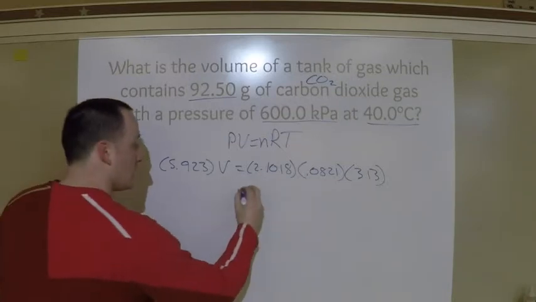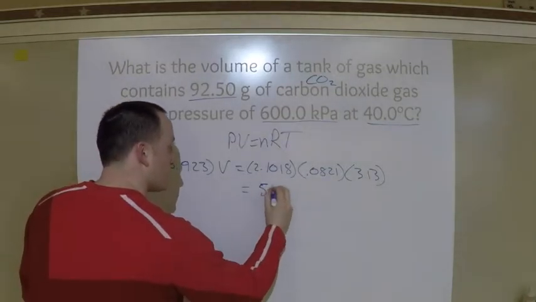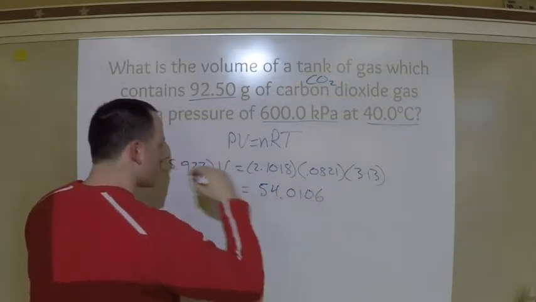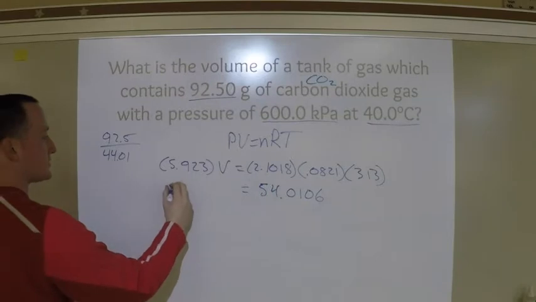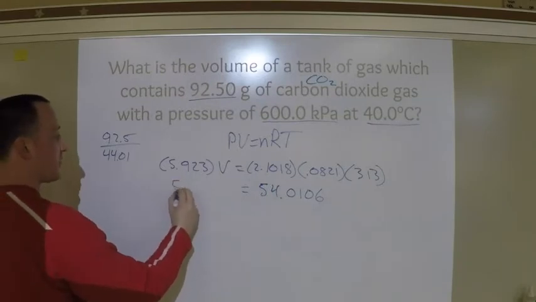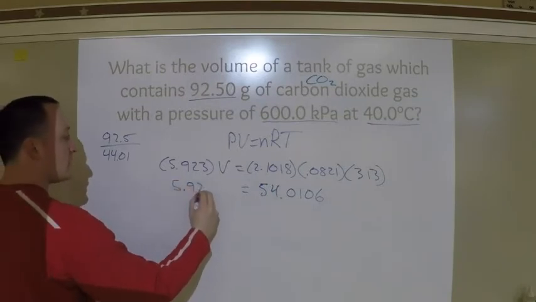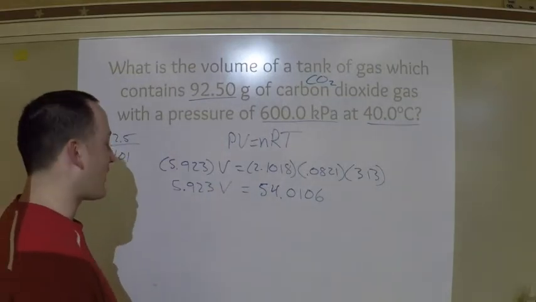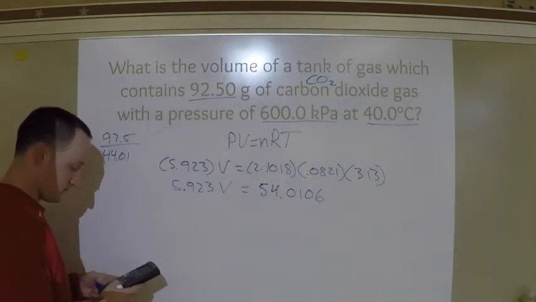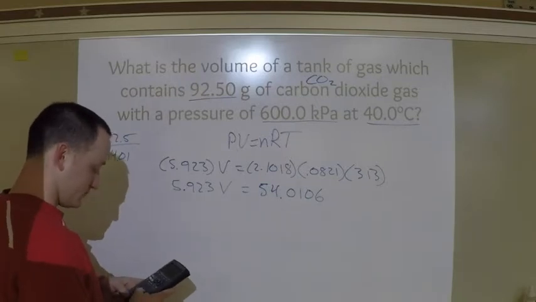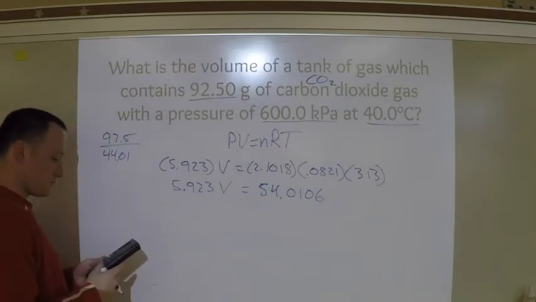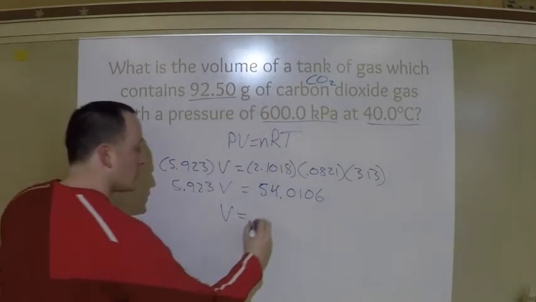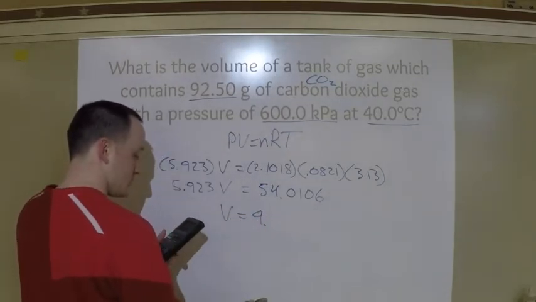And that gives me 54.0106. And this is going to be 5.923 V. So now I'm going to divide both sides by 5.923. And I get that my volume is equal to 9.12.